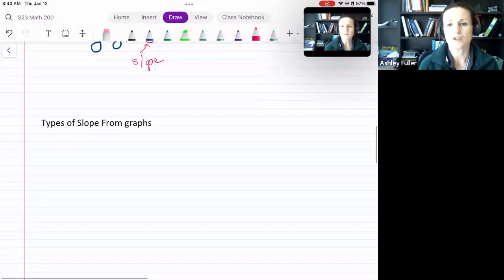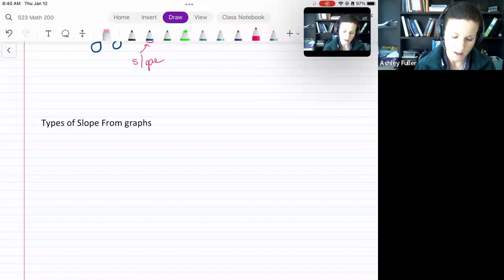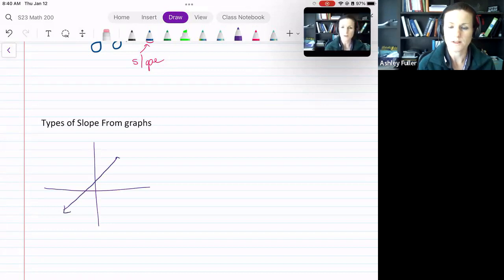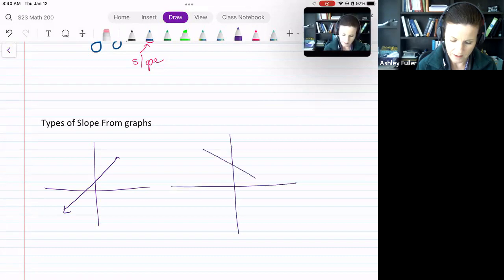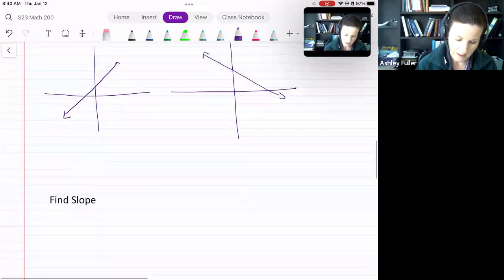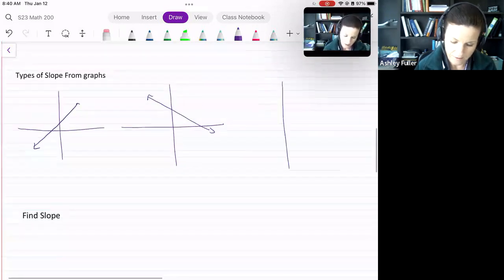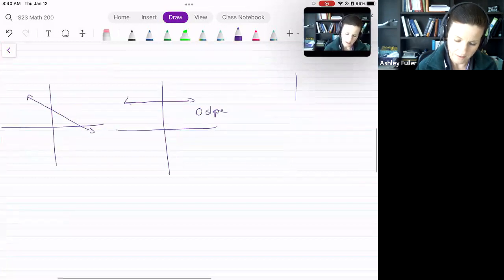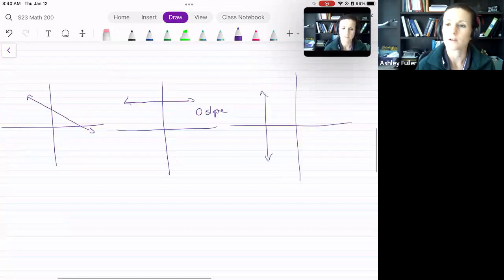There are types of slope that you need to know, and you need to be able to identify those. For example, a line can have positive slope, where it's going up from left to right. A line can have negative slope, and a line can also have 0 slope, which is a horizontal line, or it can have undefined slope, where it is a vertical line.